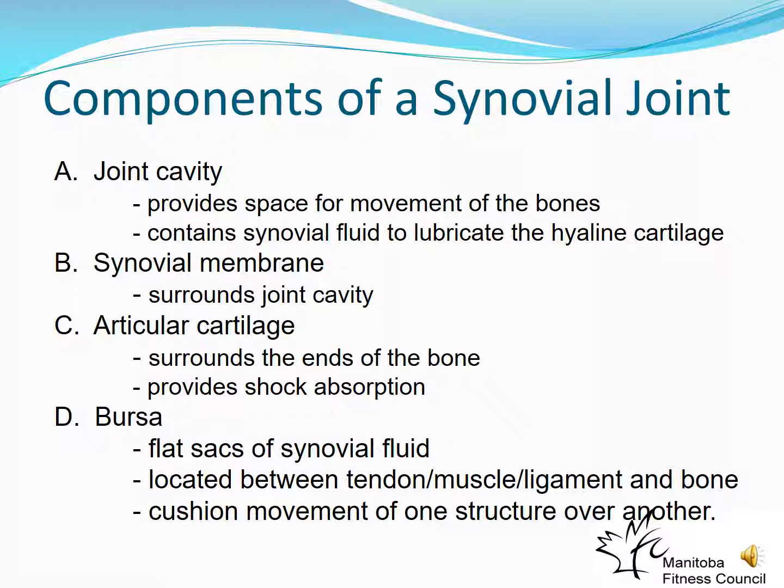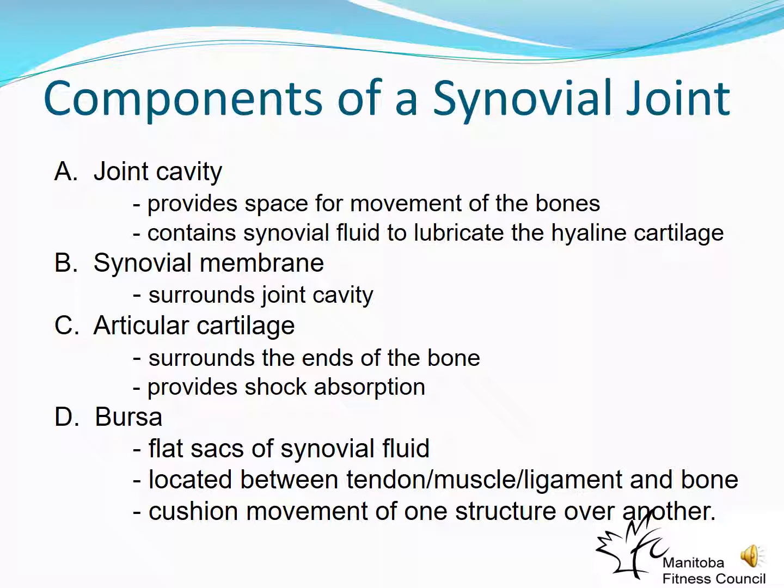The other thing you might see too is a bursa. A bursa is not usually within the joint itself, but we'll also see bursae. All bursae are flat sacs of synovial fluid. They are usually located between a ligament and a bone, or a tendon and a bone, or a muscle and a bone.